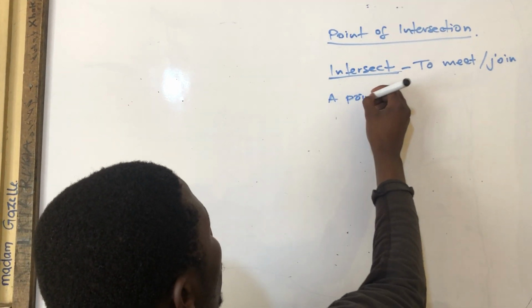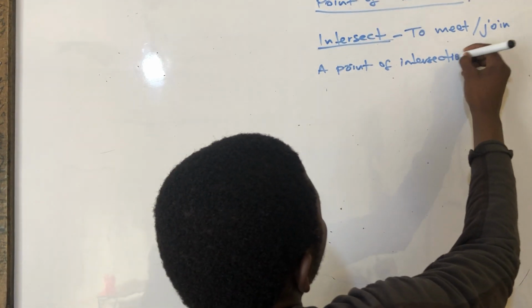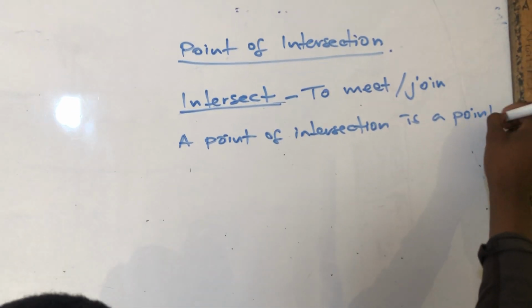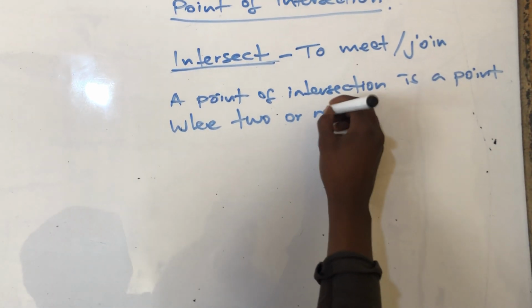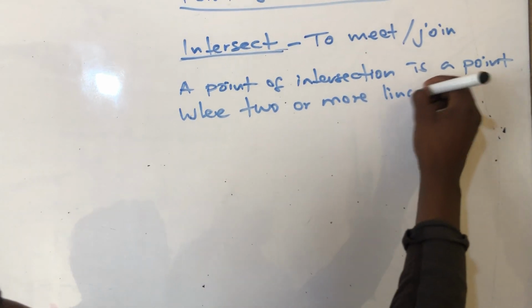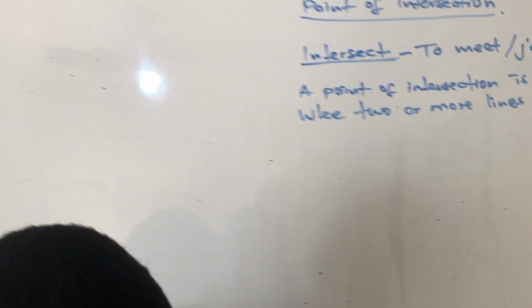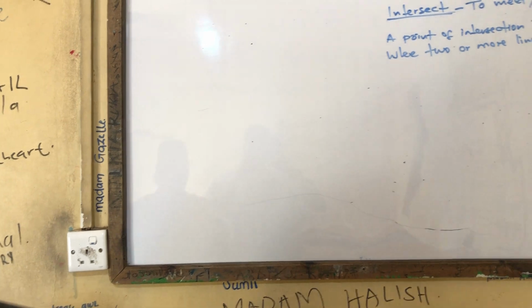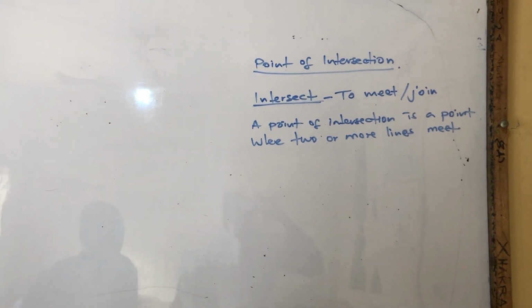A point of intersection is a point where two or more lines meet.